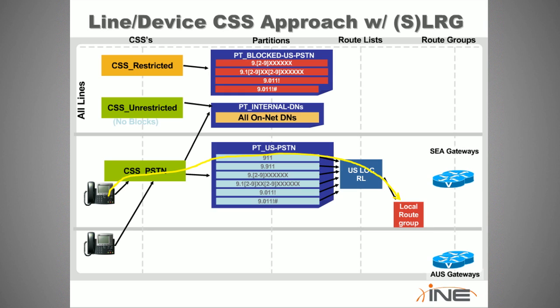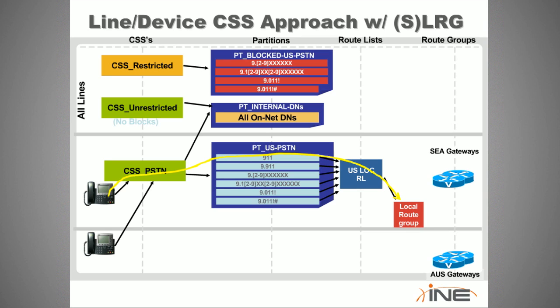As this call, and this is actually for a Seattle phone, I forgot to note that, goes through the one calling search space, goes through the one pattern, okay, I'm only going to have one set of patterns. Remember before we said if we had 1,000 sites, we still needed 1,000 patterns times the number of types of patterns times the number of sites.